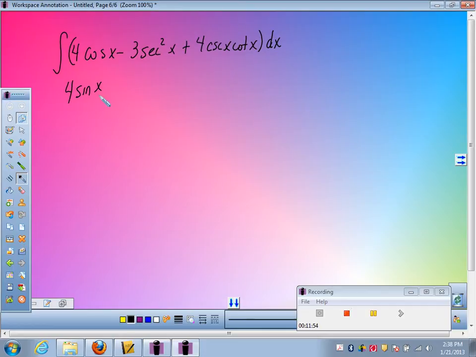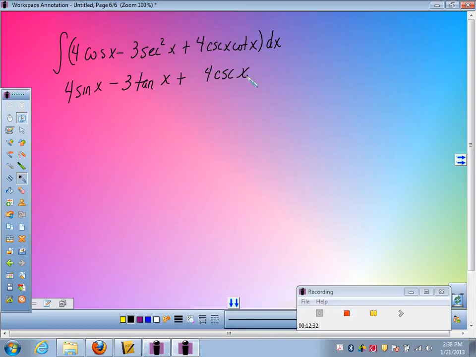Okay, so a negative 3 secant squared, the derivative of what gives you secant squared? Tangent. So it will stay negative 3 tangent. We don't need to change the sign. It didn't come out of co. Okay, but the next one, for cosecant cotangent, that's a cosecant.